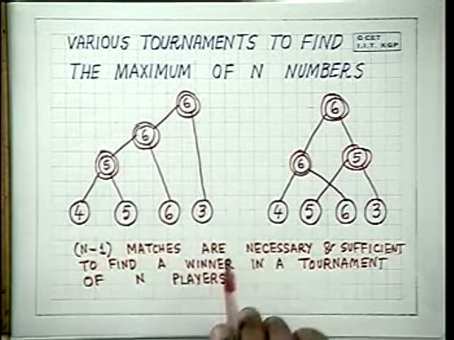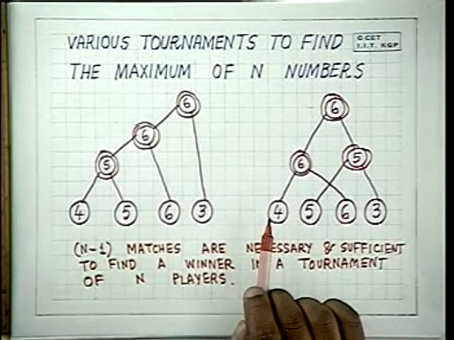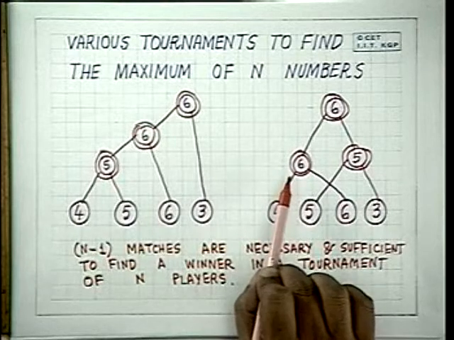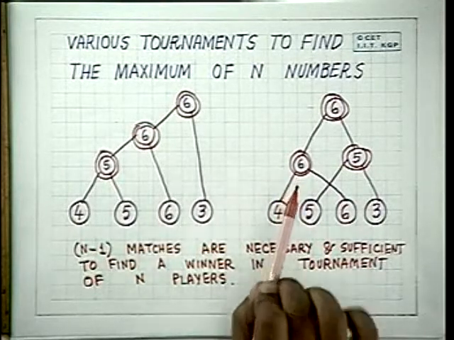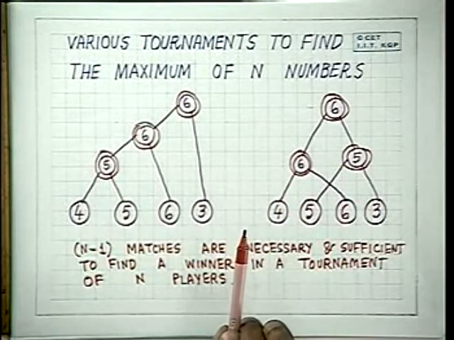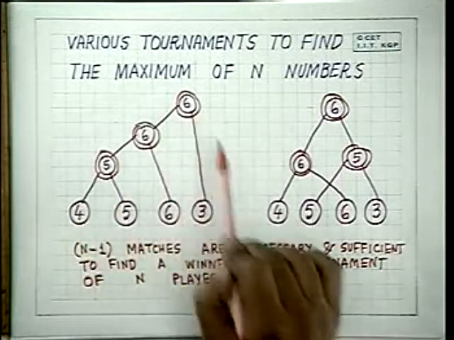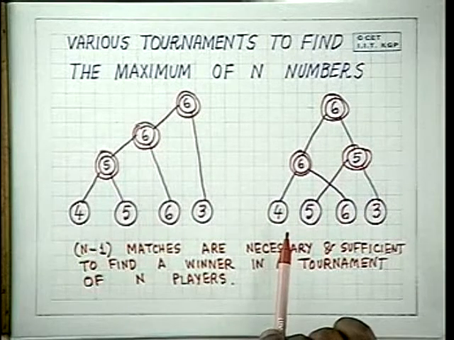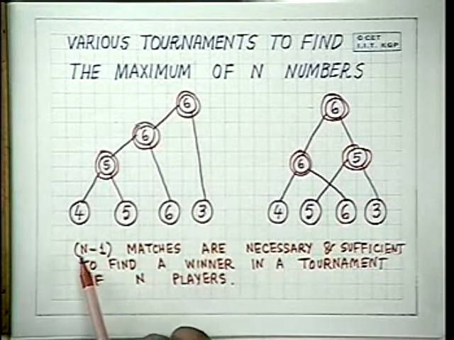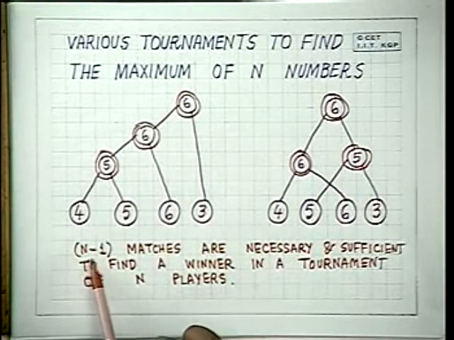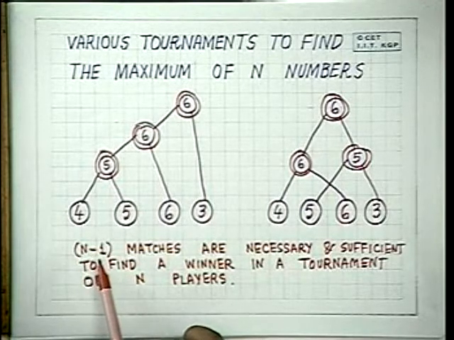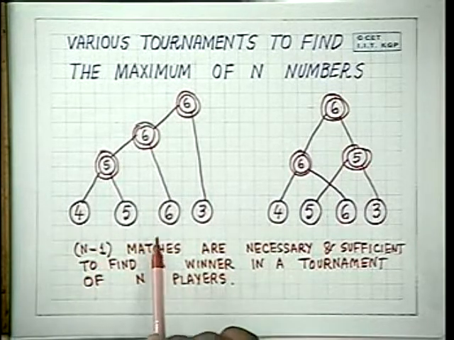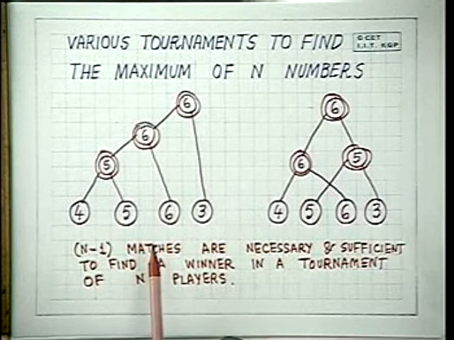So whichever way you set up the tournament, you are going to require n minus 1 comparisons to find the maximum of n numbers. And that is why doing it this way or doing it any other way is equivalent to us. And you can easily prove that if you do not have n minus 1 comparisons, that is, you take less than that, there are situations in which you are not going to find the maximum value.